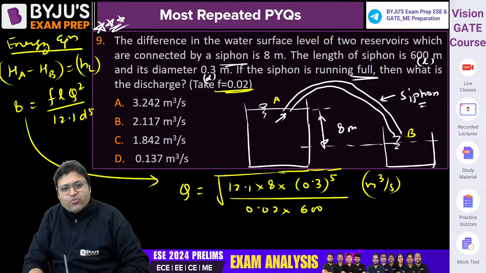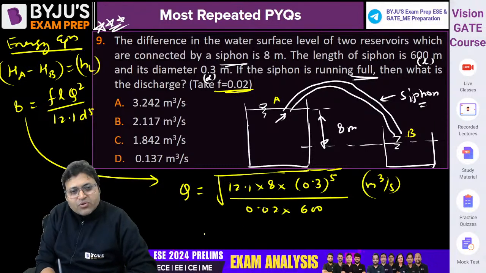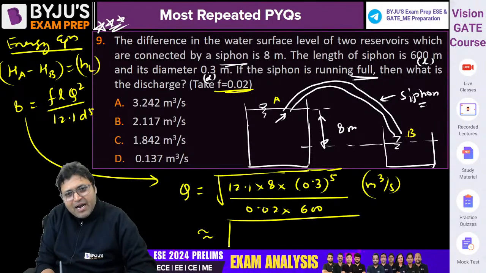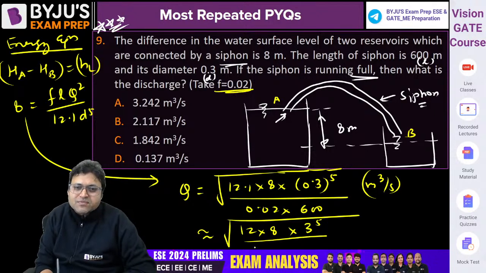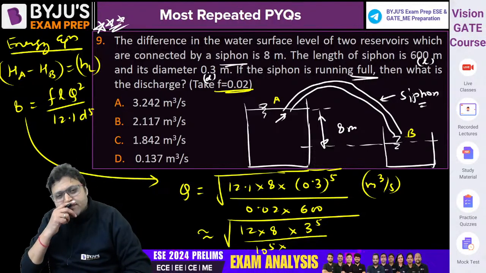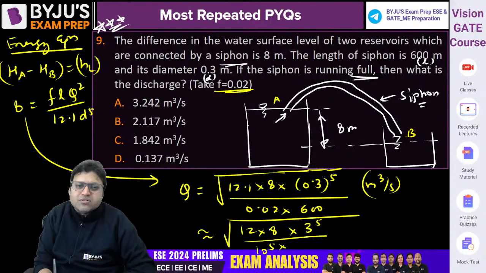So 12 into 8. It will be around under root of 12 into 8 into 3 to the power 5 upon 10 to the power 5 into 0.02 into 600, 6 into 2, something around 12.